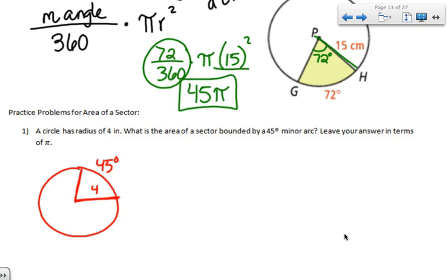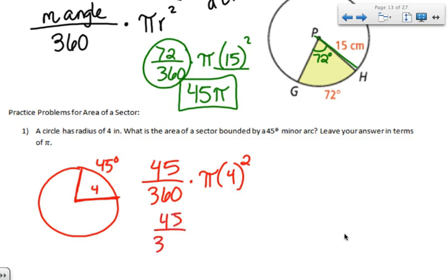Okay, so I'm going to plug it in the formula. Now I would say 45 over 360 times pi r squared, and my r is a 4. Okay, so when you type 45 over 360 and times it by 16, because 4 squared is 16, you would get 2, and then we'll drop down our pi.